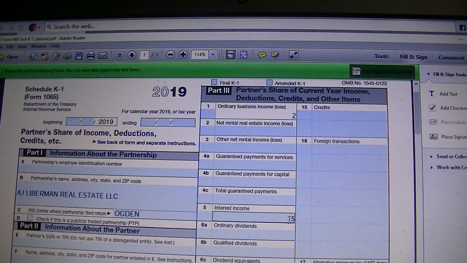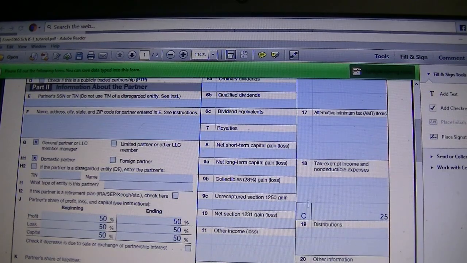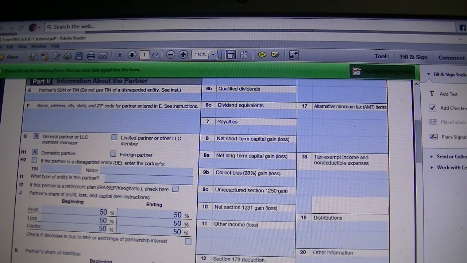And we don't have anything else to put here because we didn't fill up anything else on our schedule K. So we won't have anything here to put in it. And that's pretty much it. Our schedule K is done.